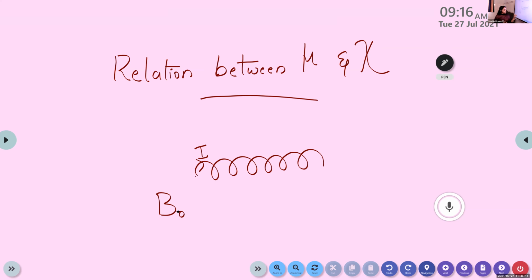Then the magnetic field produced by the solenoid in free space, where no medium is present inside the solenoid, is given by B0.